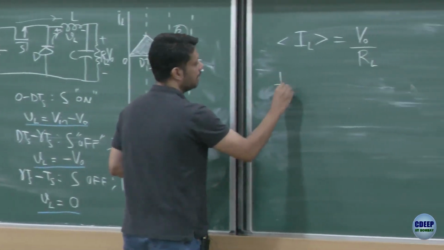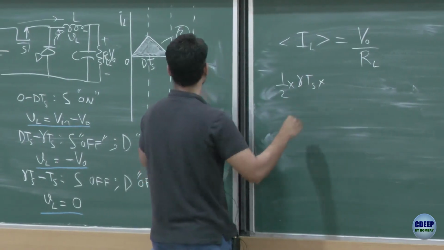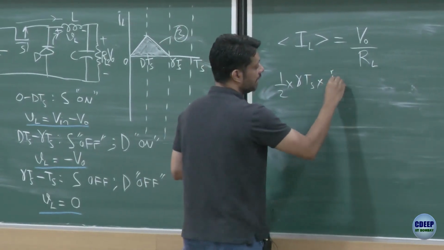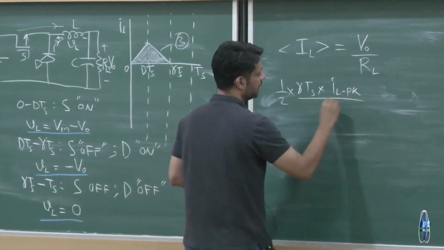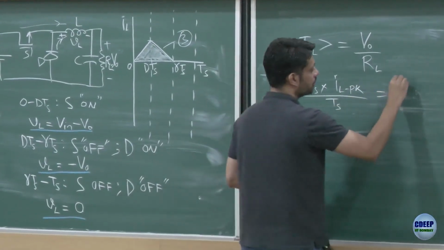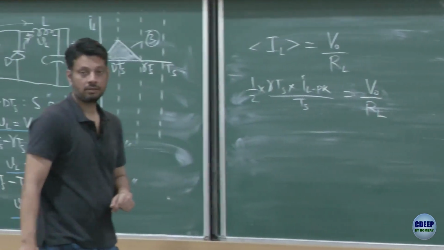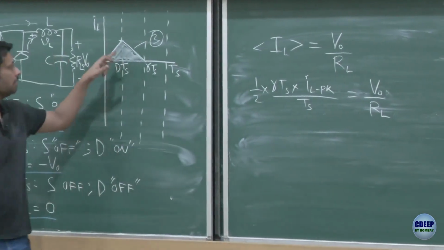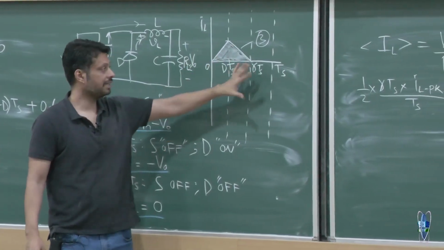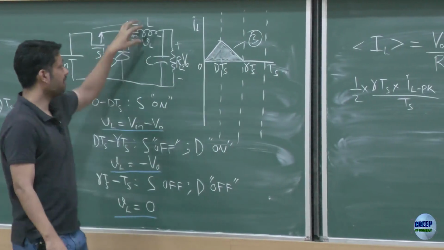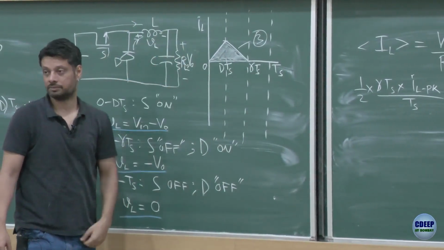It is half into base into height, let us say IL peak, divided by the total period Ts, equals V naught by RL. Half into gamma times Ts into I peak divided by Ts is the average current, and this average current must be equal to the average load current, which is V naught by RL.